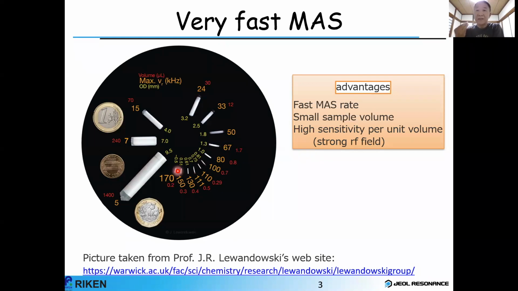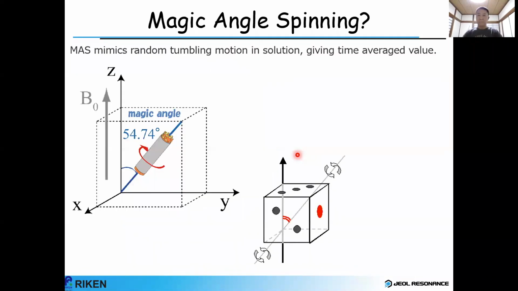But this is partially alleviated by the high sensitivity per unit volume. This is simply because we have a very tiny sample coil, and this gives us very efficient conversion from magnetic field to the electric current. This also provides very strong RF field strength in these small rotors.